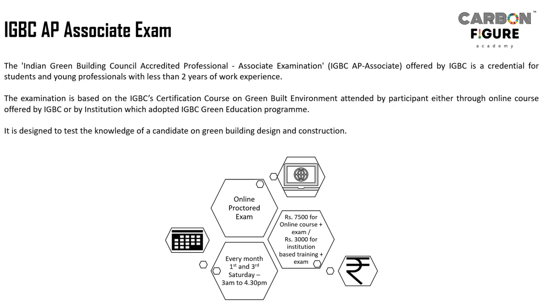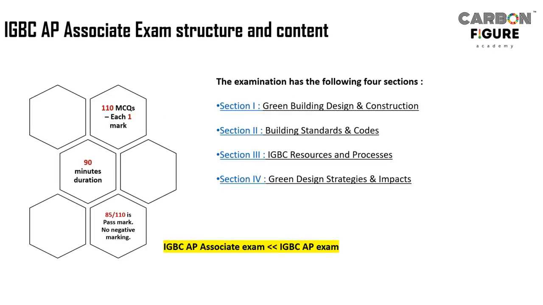You just need to check the IGBC website to know more about it. But regarding the structure and content, everything would remain the same for both levels of exams, IGBC AP and IGBC AP Associate.